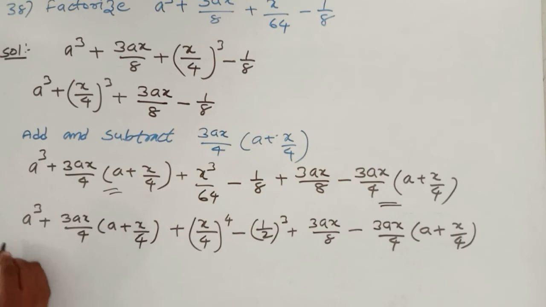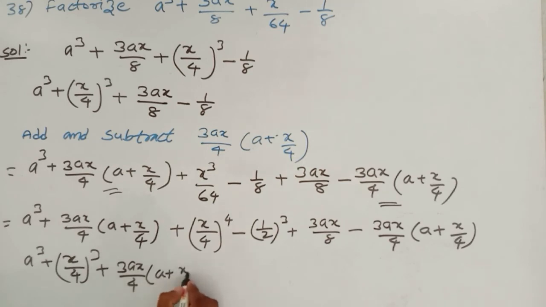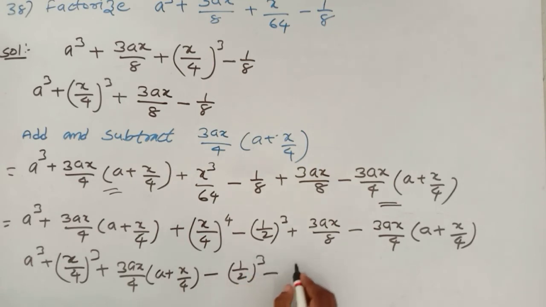Now that's equal to a cube plus x by 4 whole cube plus 3ax by 4 into a plus x by 4 minus 1 by 2 whole cube minus 3ax by 4, I am taking common here.